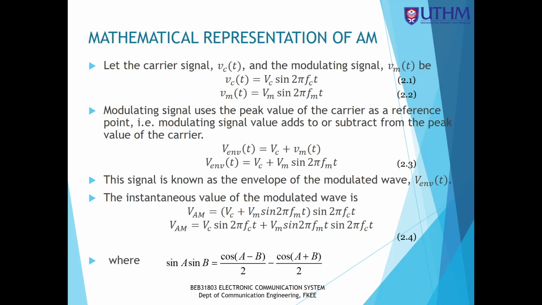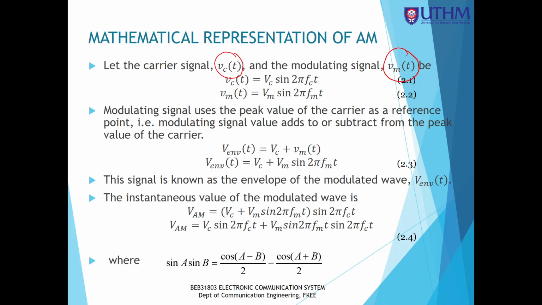In AM, we use the function vc(t) for the carrier and vm(t) for the input signal, the message signal. vc(t) is defined in terms of the sine function: vc(t) = Vc sin(2π fc t). vm(t) = Vm sin(2π fm t).